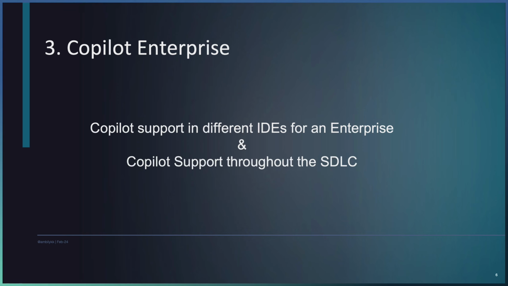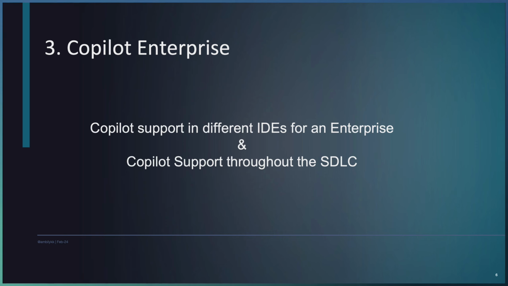Then comes the new entry into the Copilot family, Copilot Enterprise. Copilot Enterprise supports the complete functionality of Copilot Business, including code completion, chat, enterprise-grade license management, policy settings, and everything. Along with that, Enterprise is taking Copilot into the SDLC phase.